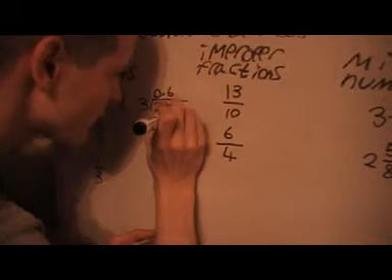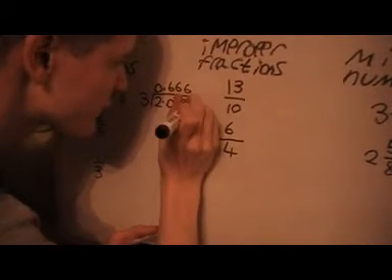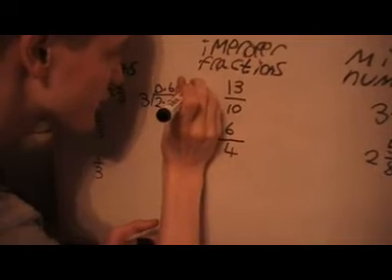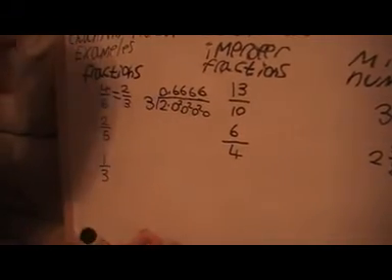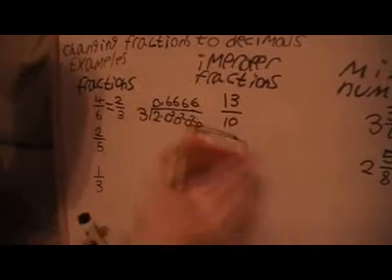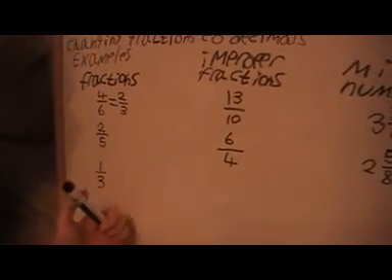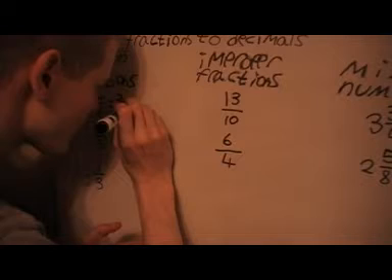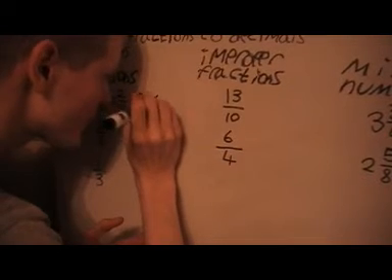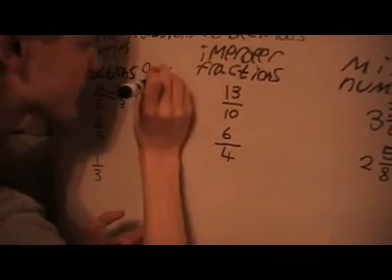Remainder 2, 6, remainder 2, 6, remainder 2. And that's just going to keep going on and on and on forever. So this is a recurrent decimal. So we can write that as 0.6 with a dot above it. And that's the same as 0.66666 going on forever.